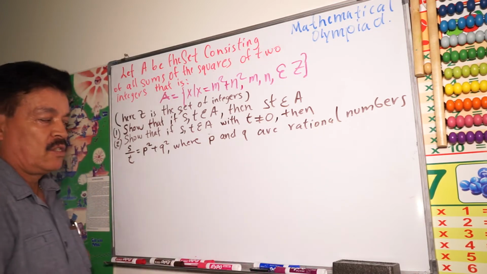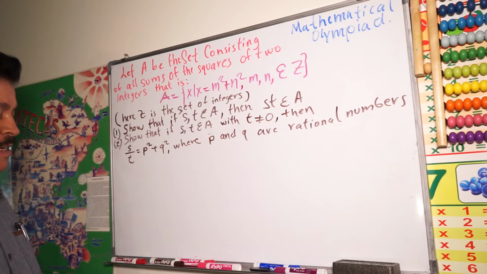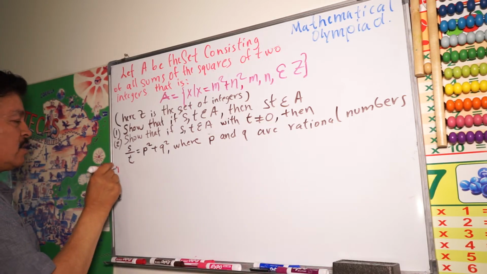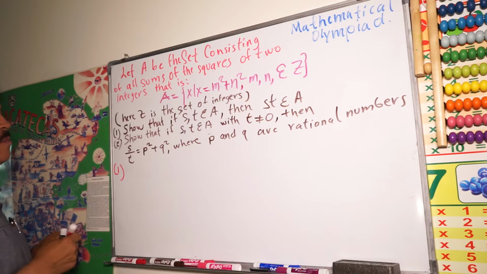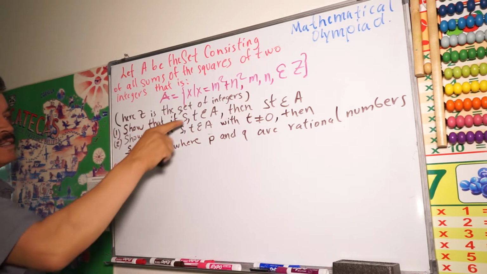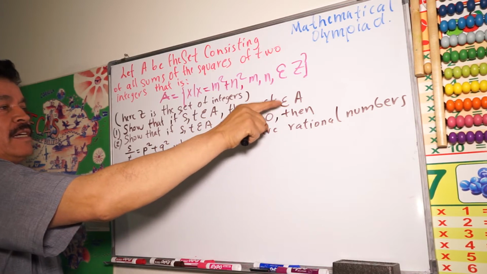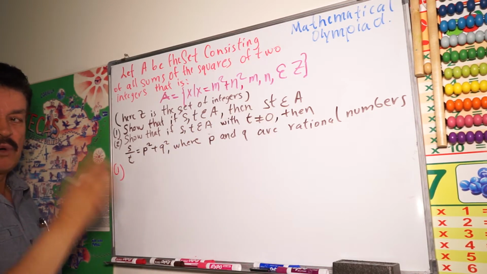So let's start. Number 1: show that if s, t belong to A, then s times t belong to A. We are going to prove that.